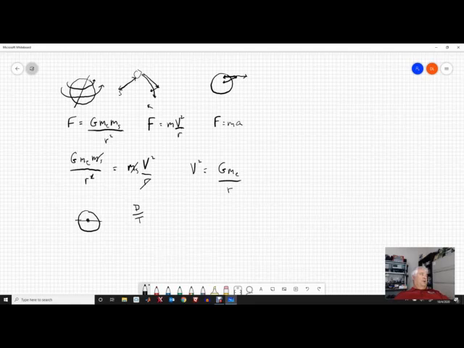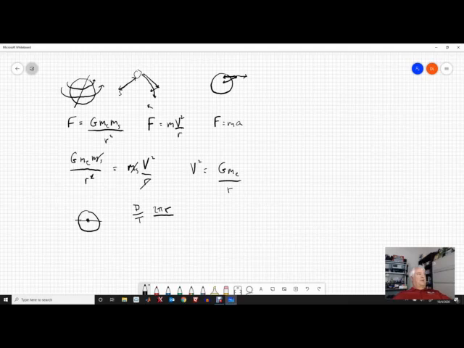So the distance here is going to be the radius of the Earth plus the altitude, which we've used as r up here. So the distance is going to be 2 pi r. This is the distance around our orbit. It's pretty basic math: the distance around a circle is 2 pi r. And we're going to divide that by the time that we want that satellite to travel that distance, and that's going to be equal to 24 hours, more or less.